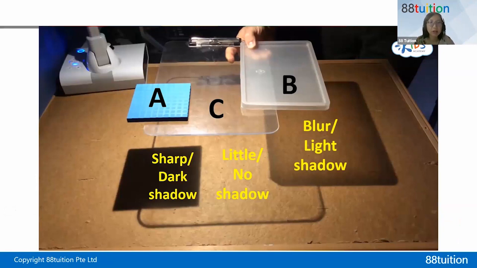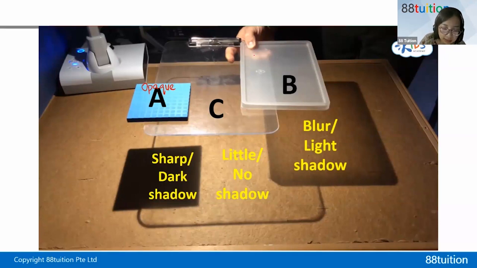Now, an opaque material will give you a very, very dark shadow. Opaque material does not allow any light to pass through. Opaque material blocks all light. That's why your shadow is all black in color, right? So the opaque one is A.